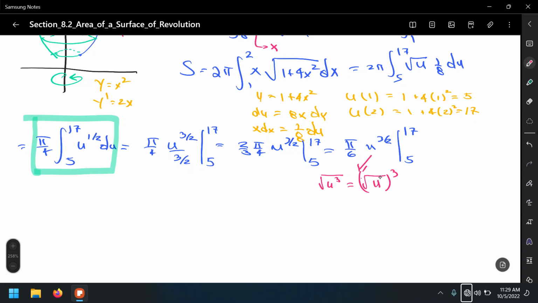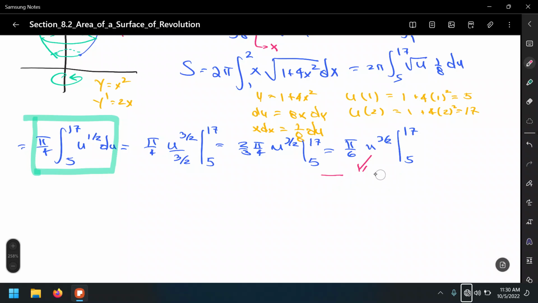It was a perfect square, and then we raised it to the 3rd power and to the 5th power. That's what we did in the previous example. Now let's analyze those limits of integration. 5 and 17, are those perfect squares? So in this case we won't be able to take the square root of 17 and then whatever we get, cube it, or the square root of 5 and cube it. So no, in this case we will have to use the first version, play with the powers and take out the perfect square. So that's what we're going to do this time.